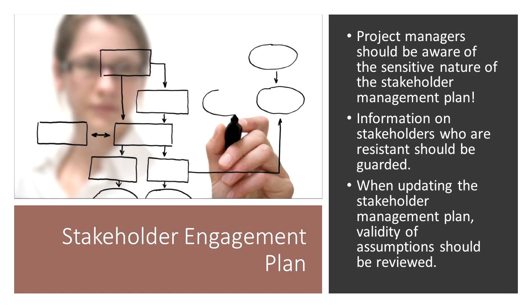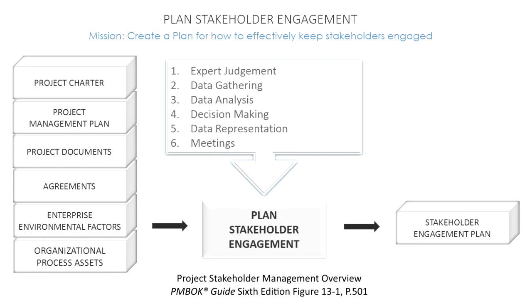Also here, we have identified interrelationships and project overlap between stakeholders. Also here, we could have the method for updating the stakeholder engagement plan. I would advise you to read this up in the PMBOK guide, as you may get questions about this on your exam. And that concludes the plan stakeholder engagement process.